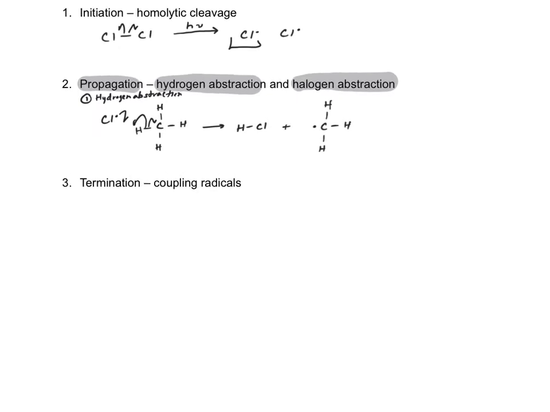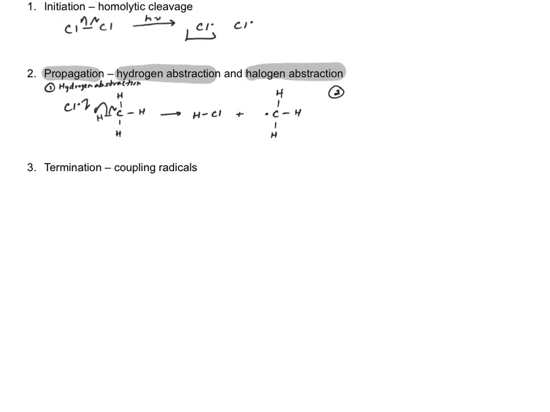Now, in step number 2, instead of hydrogen abstraction, our second step is going to be halogen abstraction. So our methyl radical, and I'm going to draw it this way, is going to come along. It's going to find another halogen. That is not an X, that is a Cl, because we have defined what it is. So we have Cl to Cl. And it's going to abstract that halogen, right?